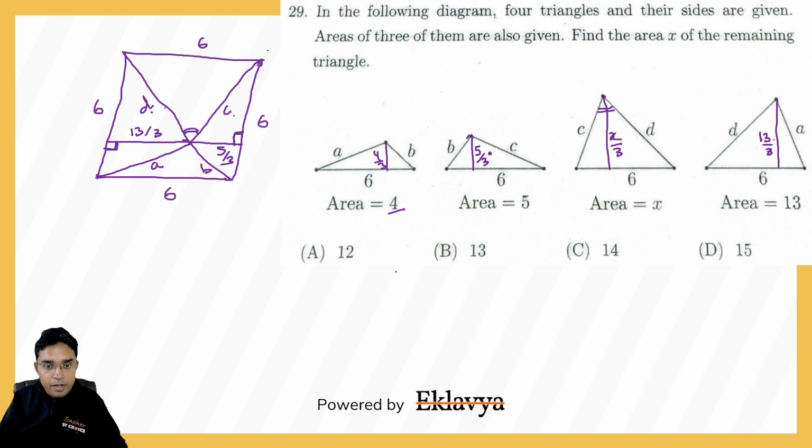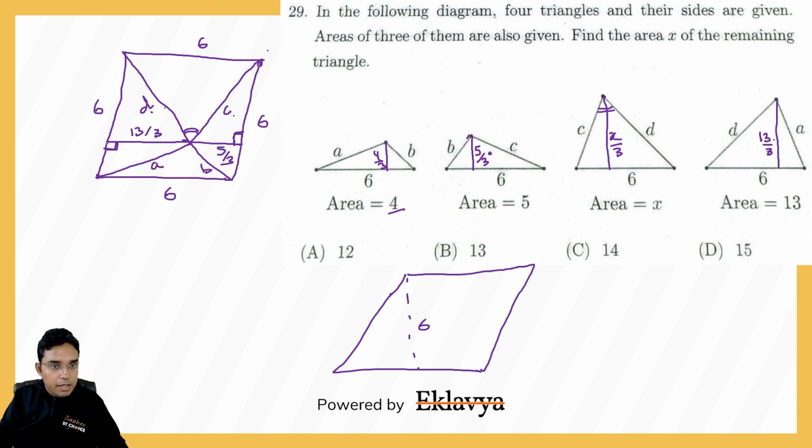Please understand, if you have a rhombus like this, your height has to be lesser than the side. I hope you are getting it. Here you can check this perpendicular, you can take at other places also. So if this is one of the heights which is perpendicular to both the sides, and it is a rhombus whose side length is 6, then it cannot be 6. So this has to be a square like this.